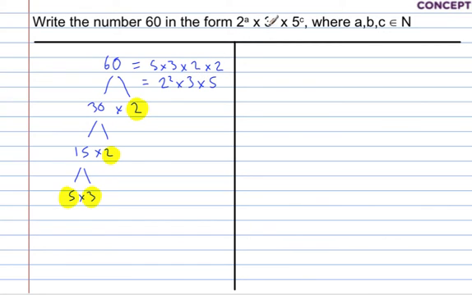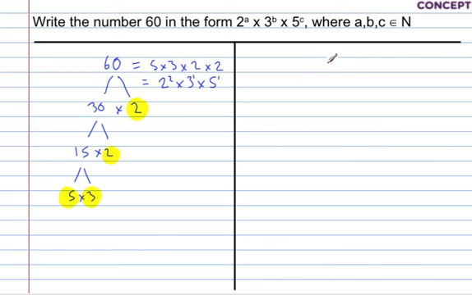Well, 3 to the power of 1, in other words, 3 by itself, once, is 3. So 3 to the power of 1 is the same as 3, and 5 to the power of 1 is the same as 5. So there we've expressed the number 60 in the form that we were asked to express it in. a, b, and c have to be counting numbers, natural numbers. So a is 2, b is 1, and c is 1. And there we have it.